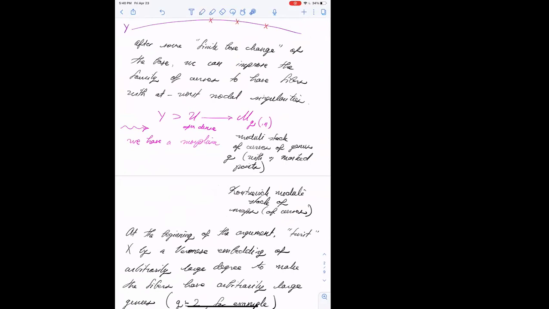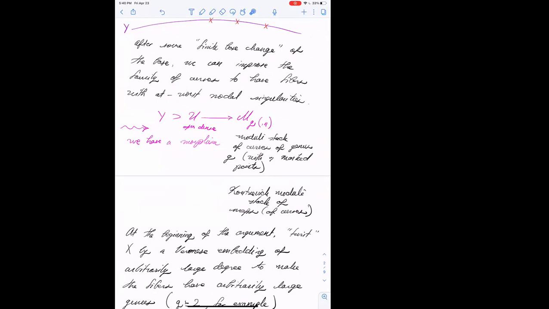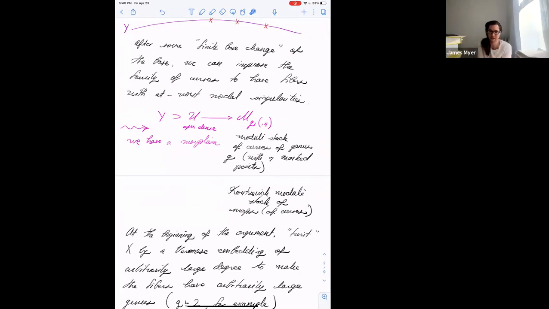If you do this with the Kontsevich moduli stack of maps instead of the curves, then this morphism that I'm trying to get is built in. I don't have to do all of this, and that's what I think De Jong is trying to do now, write this up more carefully.